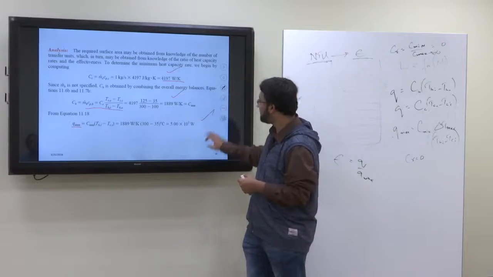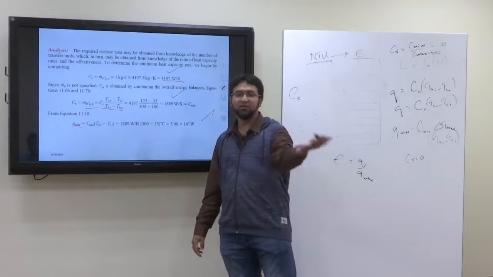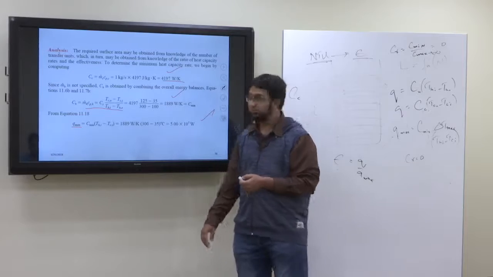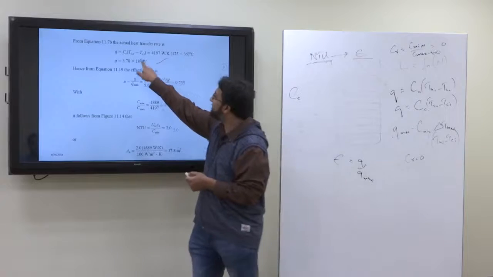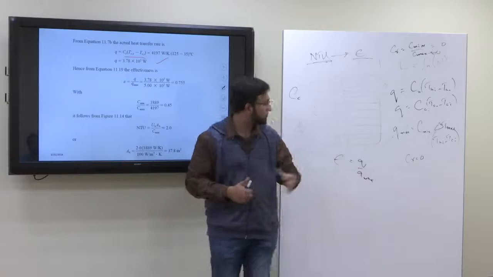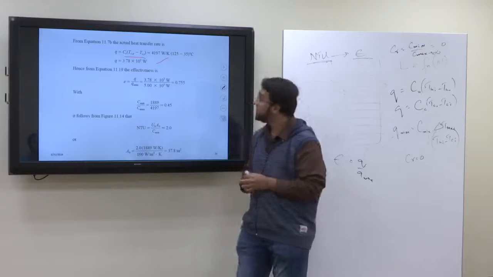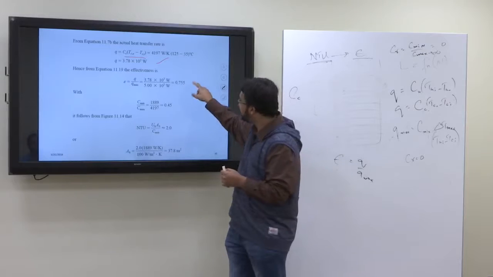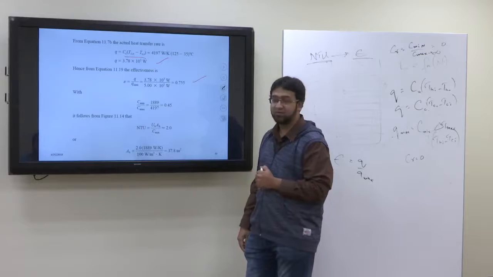Substitute all the values, we know Q max. We know Q, we know Q max, we can find the effectiveness. Q here they used the cold side. You can use the hot side, it's fine, because both Q's will be the same. Substituting the values in this equation, you get the effectiveness as 0.775.